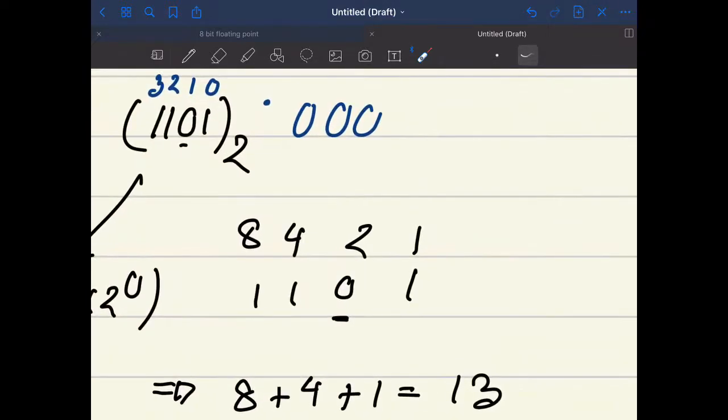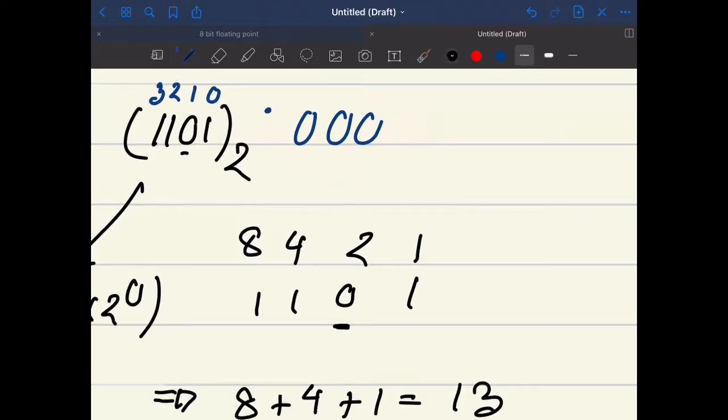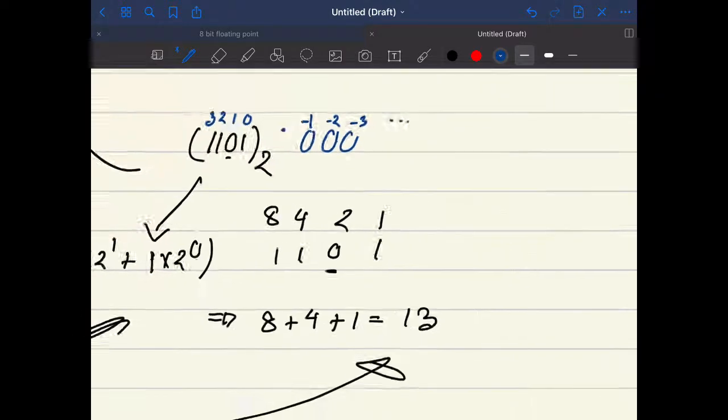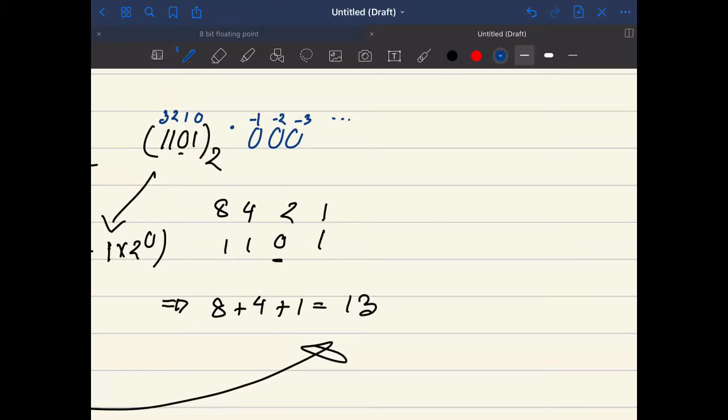And how about the numbers after the decimal point, on the right side? The process is the same, but the index numbers are a bit different. They start from -1, -2, -3, and so on. Let's look at another example.